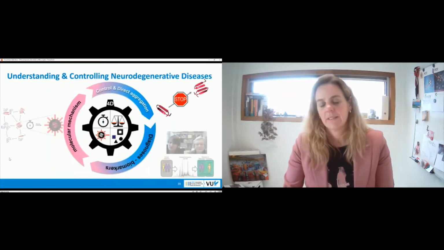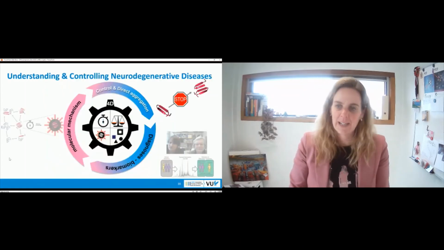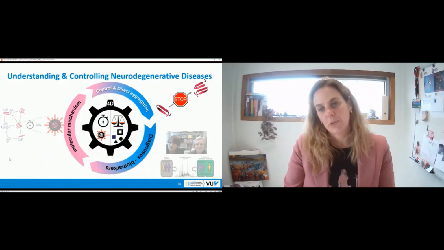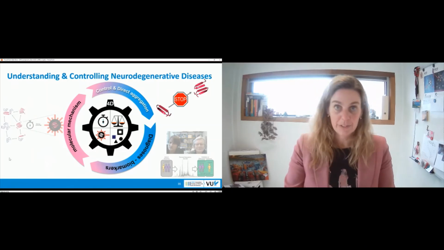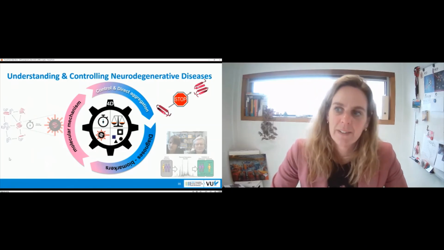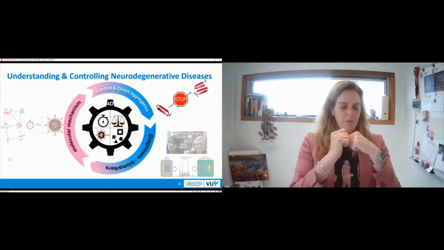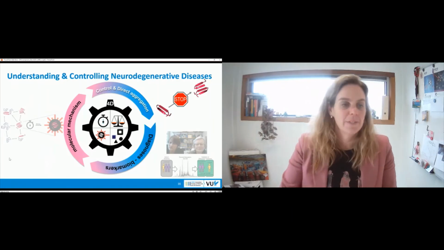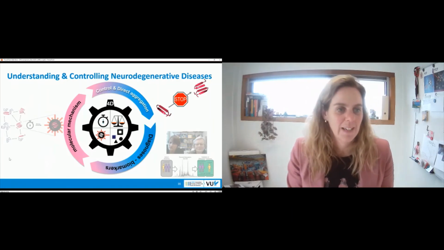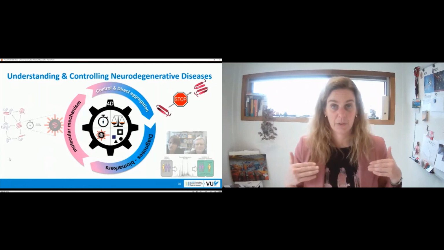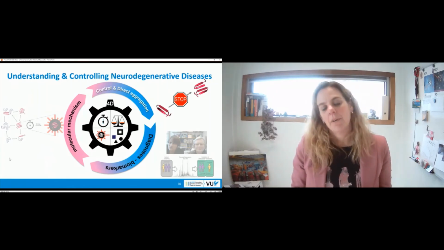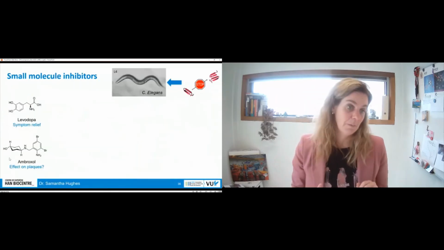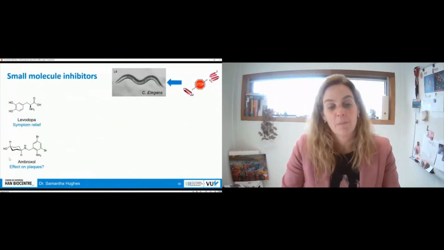So for the last 5 minutes, I quickly want to highlight two of the other projects that we can use with this technique. So one is to control aggregation and one is on the diagnosis. So to control aggregation, so to stop, for example, the formation of dimers to tetramers, or tetramers to octamers, we have these small molecules: levodopa, which is actually known for Parkinson's to give symptom relief, and ambroxol, a molecule depicted here that's thought to have an effect on the plaques, but that's not really proven.